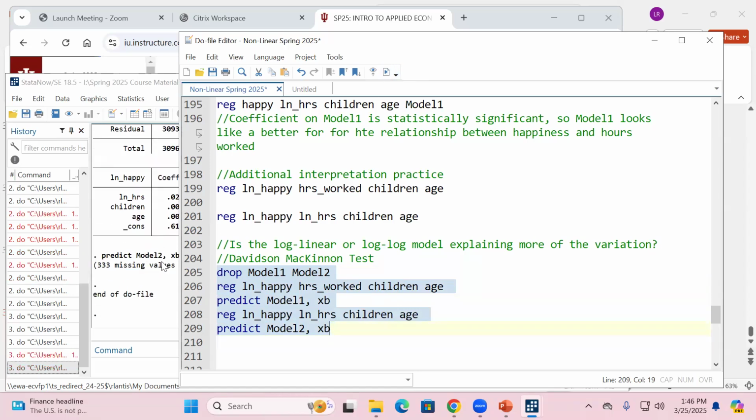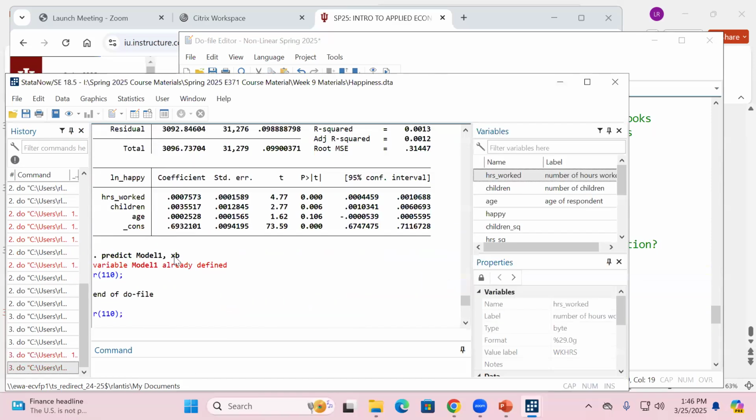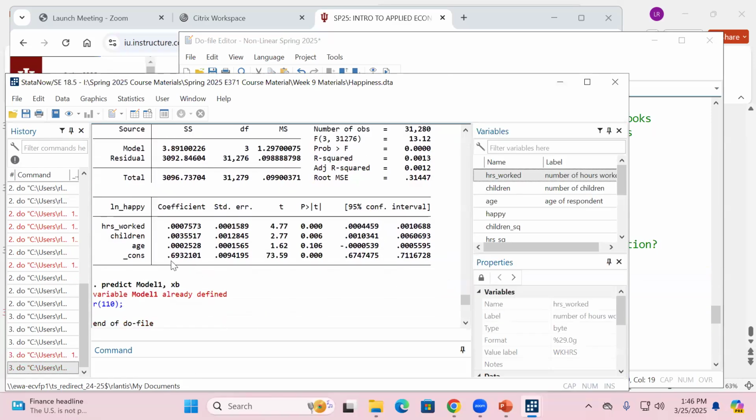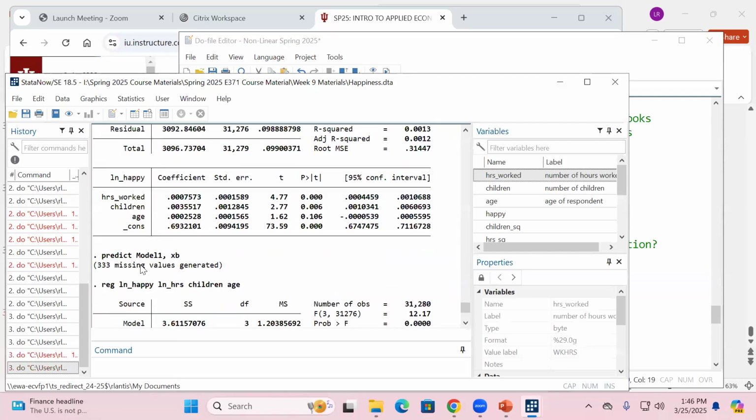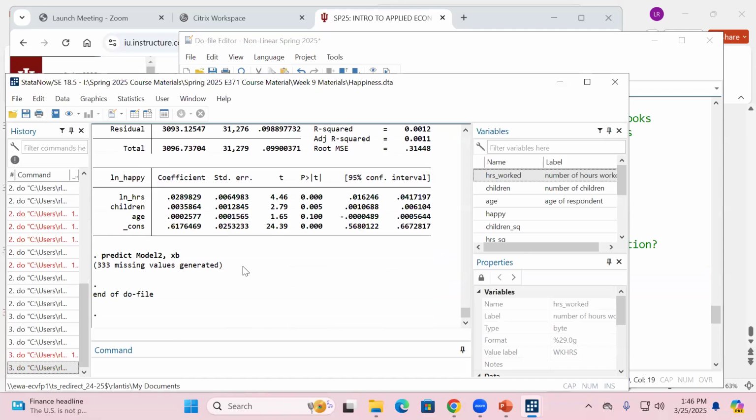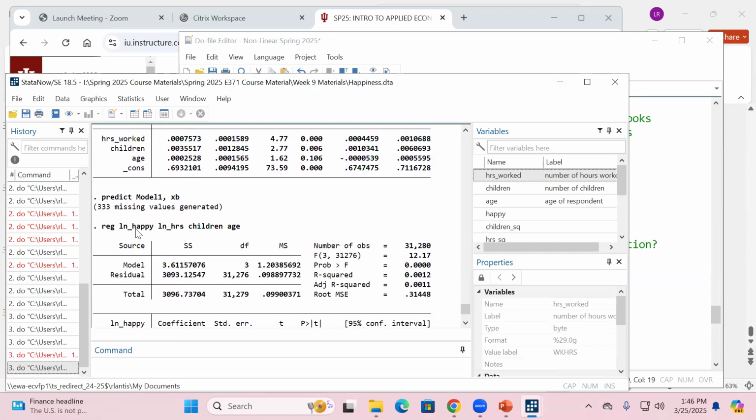Now notice when I'm running these regressions, I don't believe before there was anything after these linear log or linear relationships. Notice when I run these regressions, what is it telling me? Oh, I'm getting missing values. Why am I getting missing values now when I'm running this with a dependent variable that's a log? What must be true about that happiness variable?